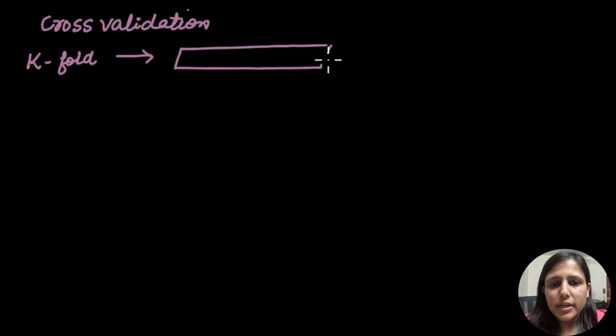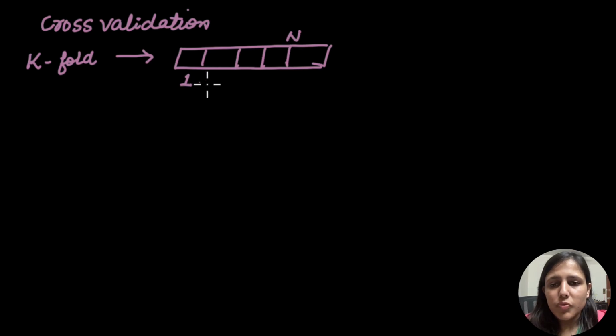So we already know what is cross validation, right? So in cross validation, suppose we are doing k-fold cross validation, then we divide the whole data set, suppose that the data set is of size n, into k folds.